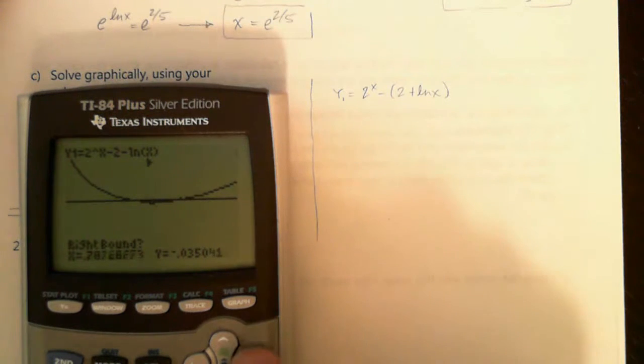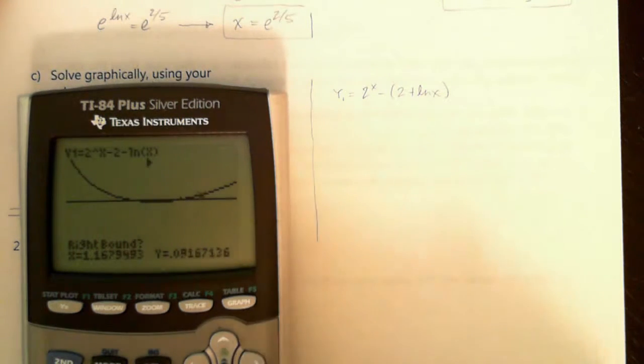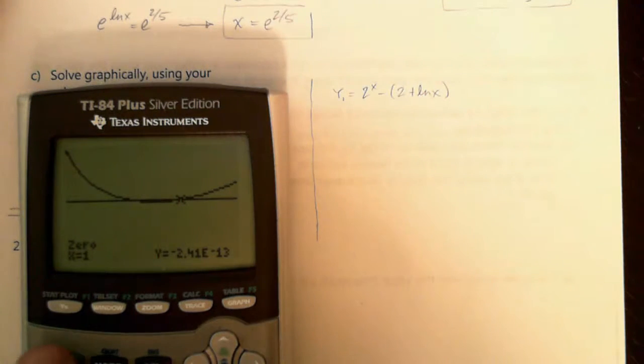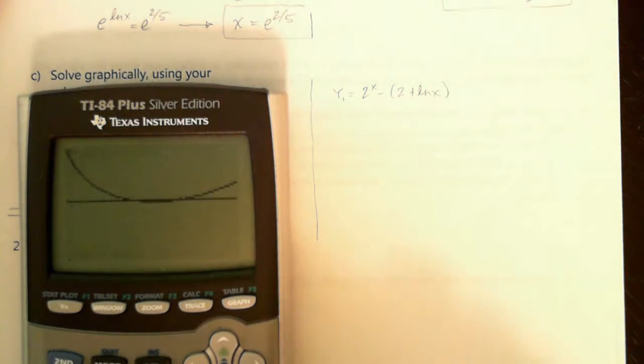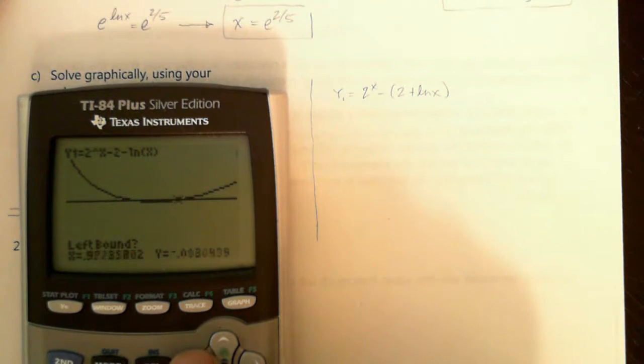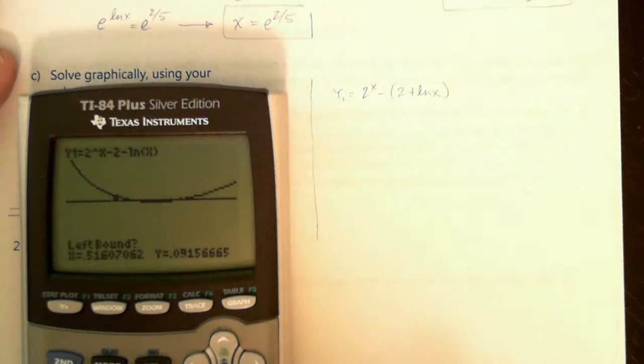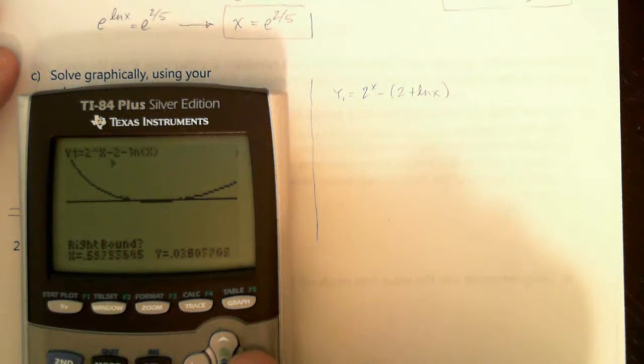And those 2 different locations, left bound, so I don't know my scale here. I'm not sure where my right bound would be. That should be x equals 1. And then using the 0 subroutine again, and we can go 5 pixels at a time. That's certainly a left bound. We're above the x-axis.